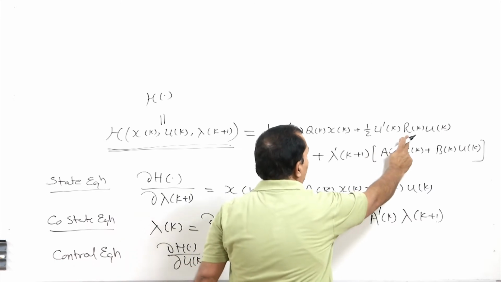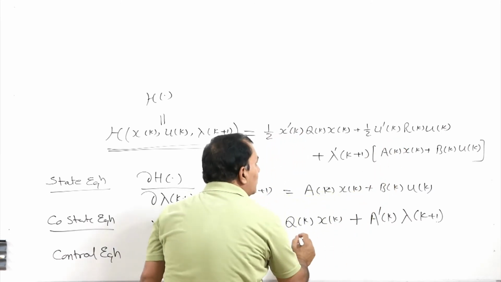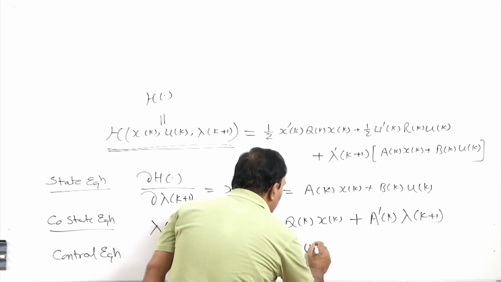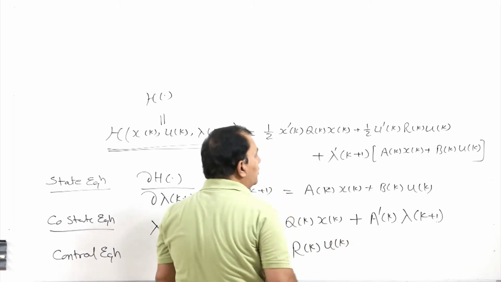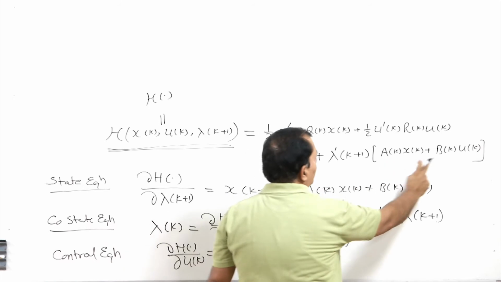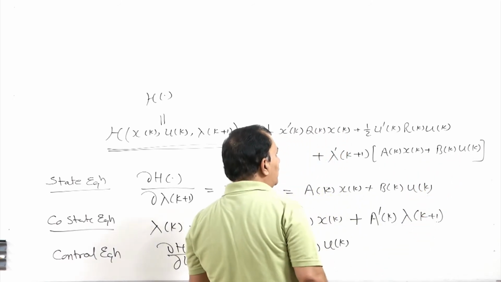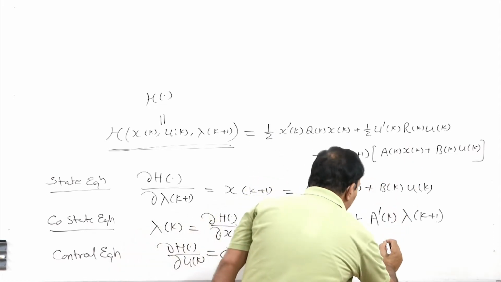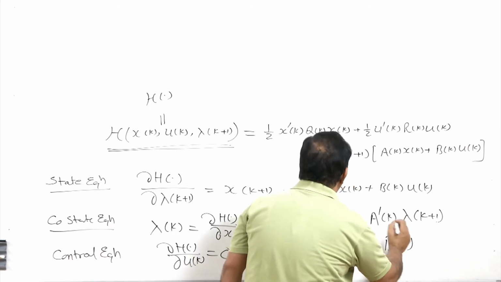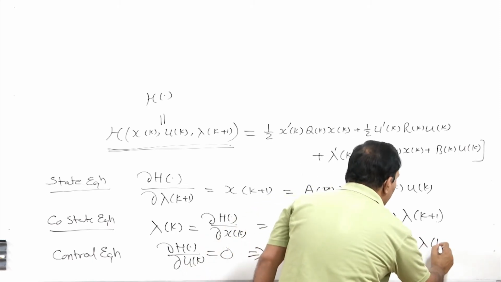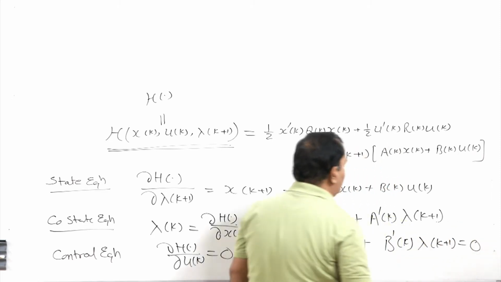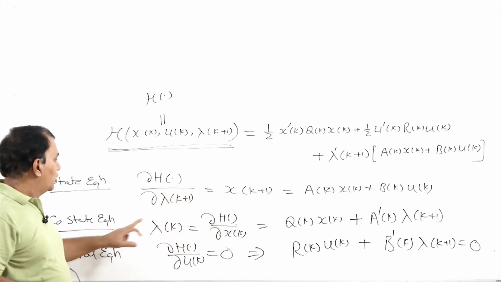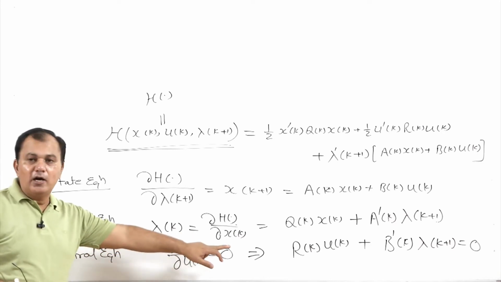If I differentiate with respect to u, this gives me R k u k, and the second term is the function of u, so this gives me plus B prime k lambda k plus 1 equal to 0.